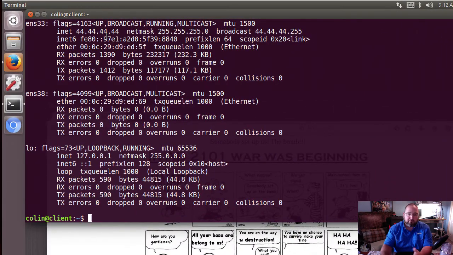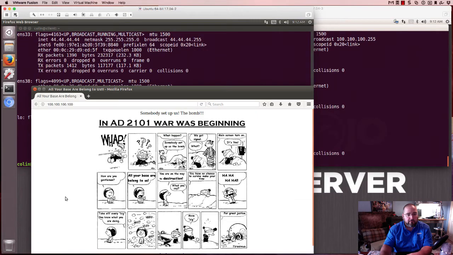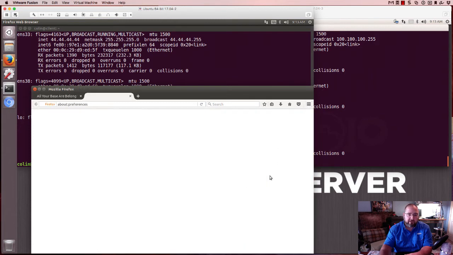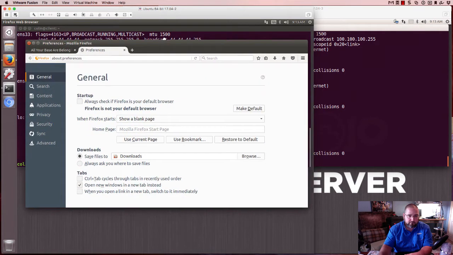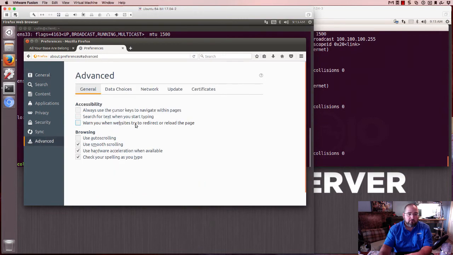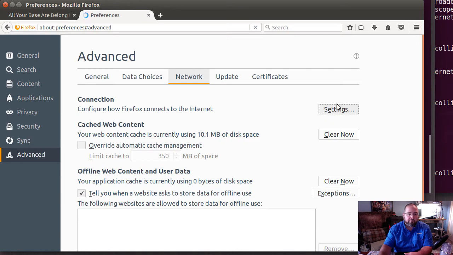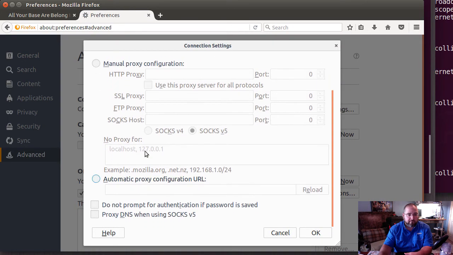I'm going to go into the properties of my web browser and change the settings to point to my SSH server, which is acting as the proxy, as the gateway. This is in Firefox.